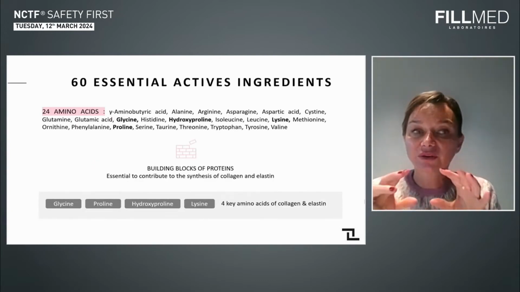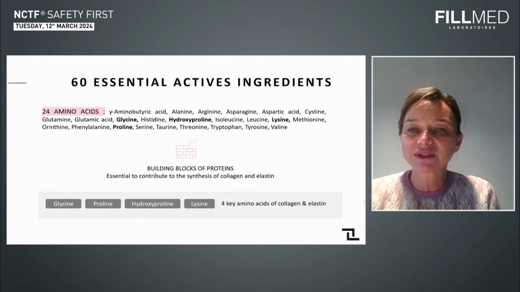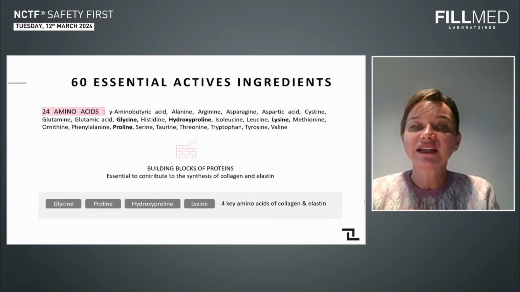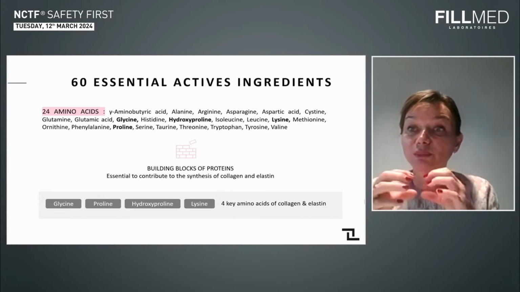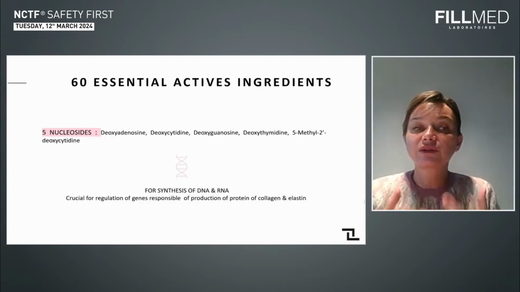Let's focus on the 24 amino acids, with the main essential amino acids: glycine, hydroxyproline, lysine, isoleucine, that really contribute to the building blocks of collagen and elastin. More than that, we also have 5 nucleosides, the DNA building blocks.